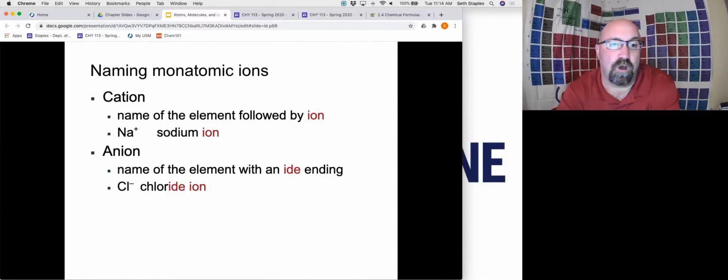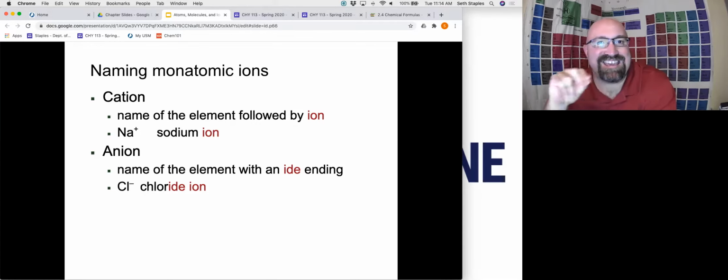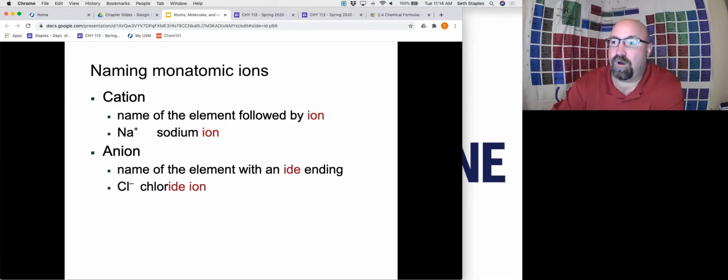So a sodium with a 1+ is now just a sodium ion. Anions, on the other hand, we take off the end of the name of the element and we add -ide onto the end of it. And so chlorine with a 1- is now a chloride ion, and so on.